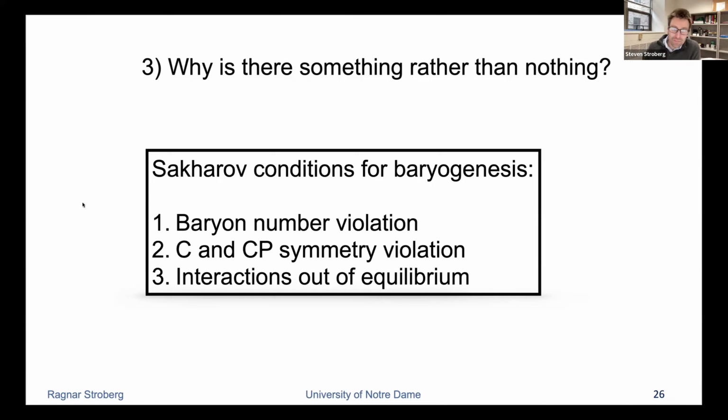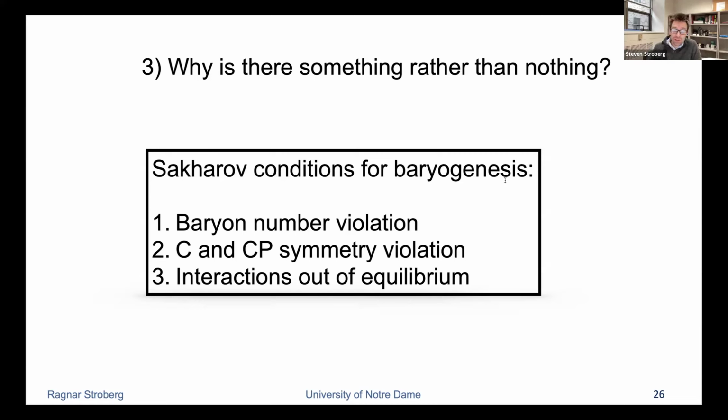So basically Sakharov presented 3 conditions for baryogenesis. Baryogenesis means making baryons, or making the baryon asymmetry, which means more baryons than antibaryons, that is more matter than antimatter.